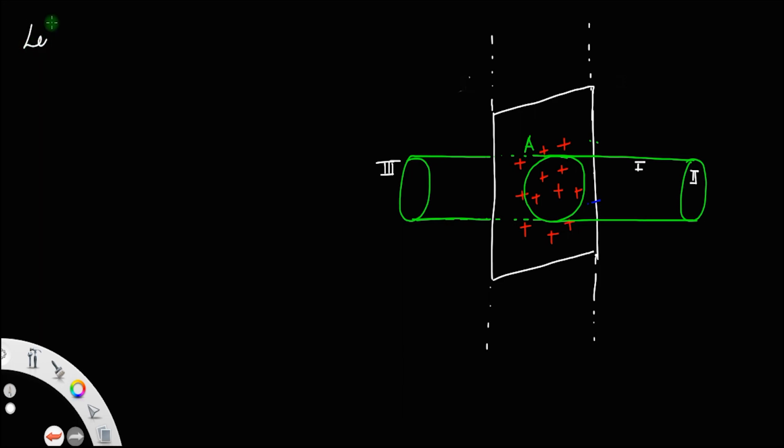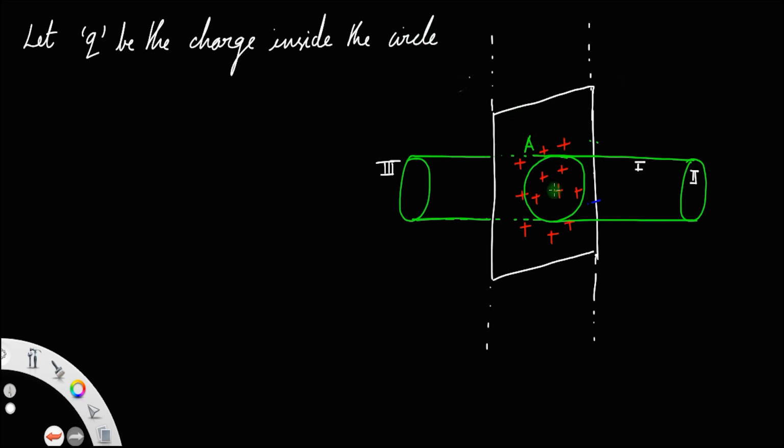Before that, let Q be the charge inside the circle, that is inside this circle. Let sigma be the charge density.